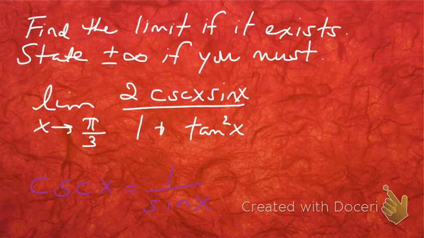Another one of our old identities is that 1 plus the tangent squared of any angle is the same as the secant squared of that angle. I'm going to make some substitutions.